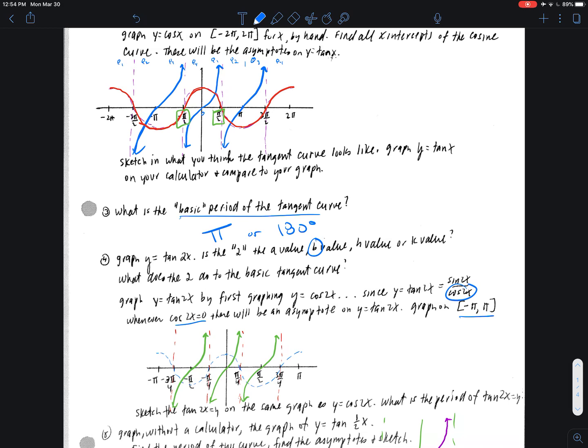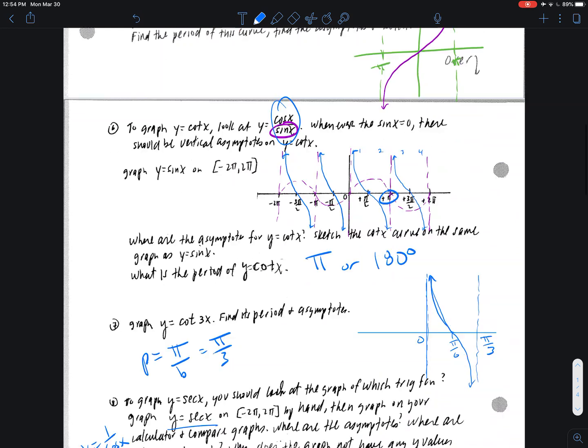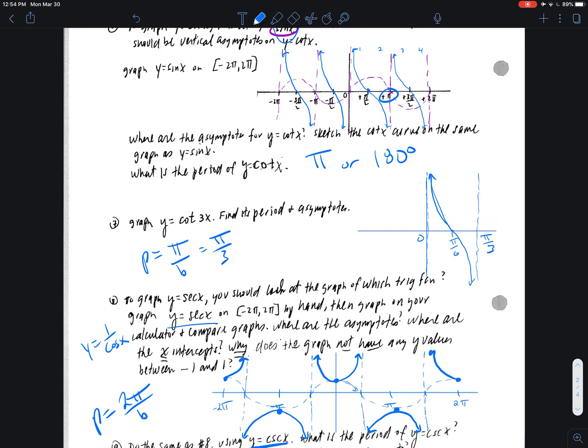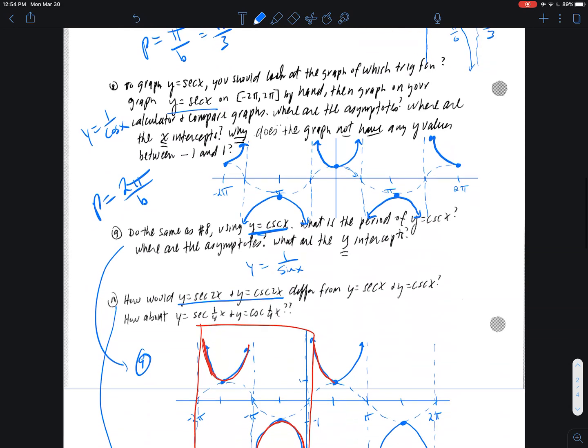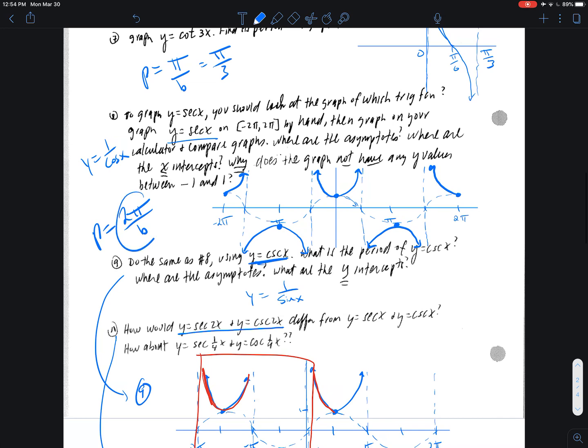The period for tangent and cotangent is pi. And then for secant and cosecant, yeah, they look the same. They're shifted 90 degrees or pi over 2, but their periods are 2 pi.